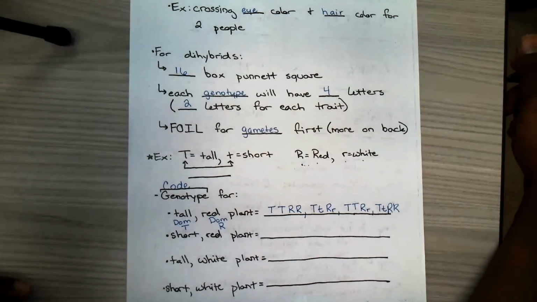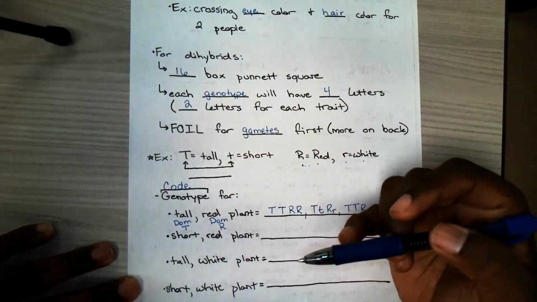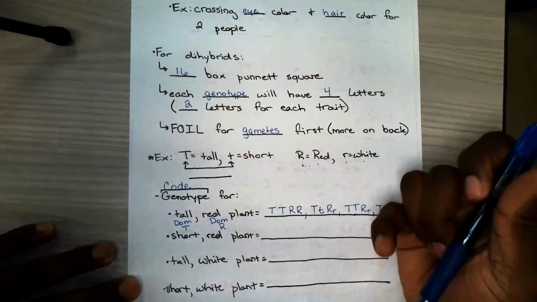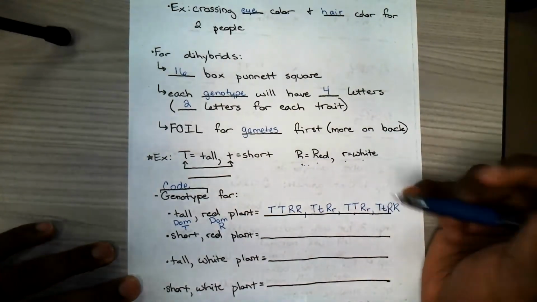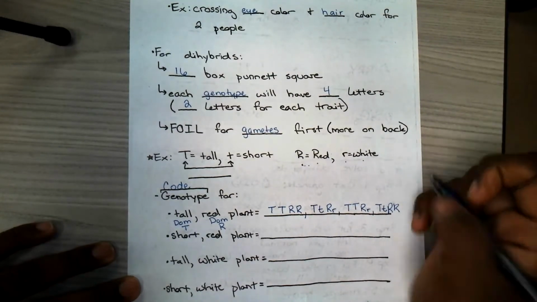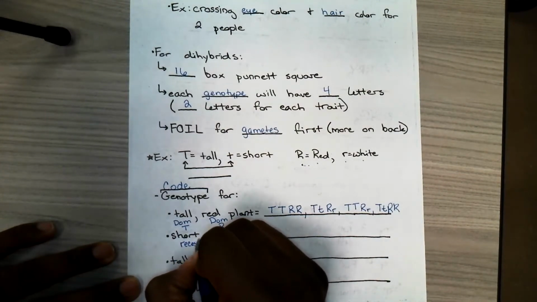All right, students, and we are back. So we've completed our first example. If we wanted a short red plant, well, we know short is recessive. So what do we need in order to get a short plant? You need 2 little t's. So we know short is recessive or weak.